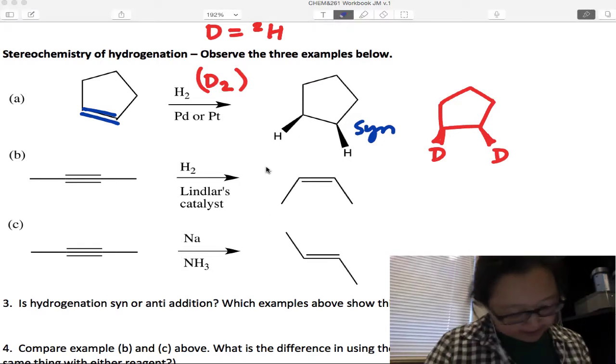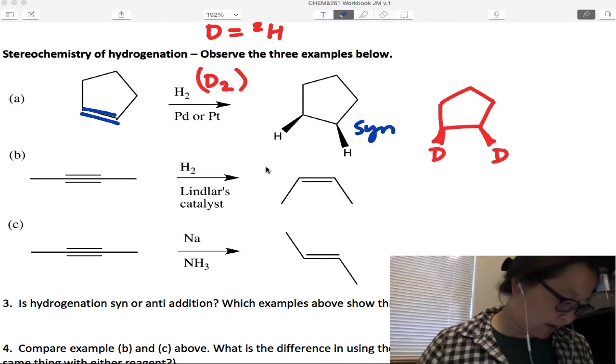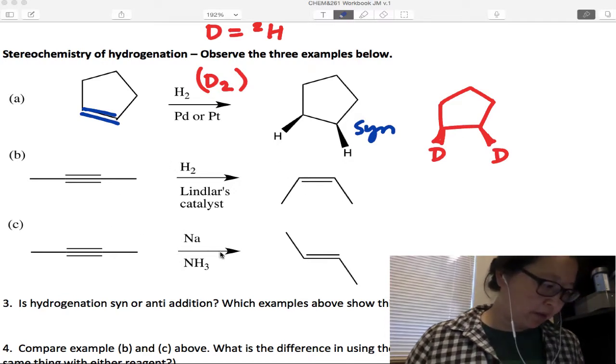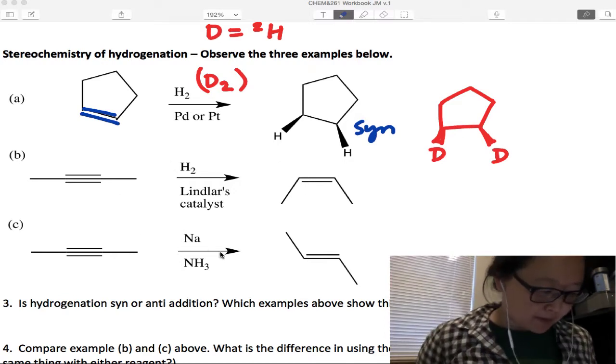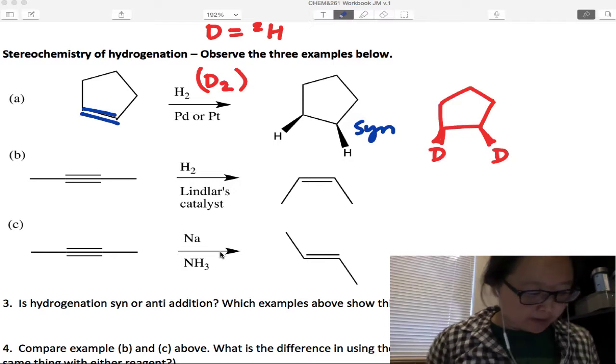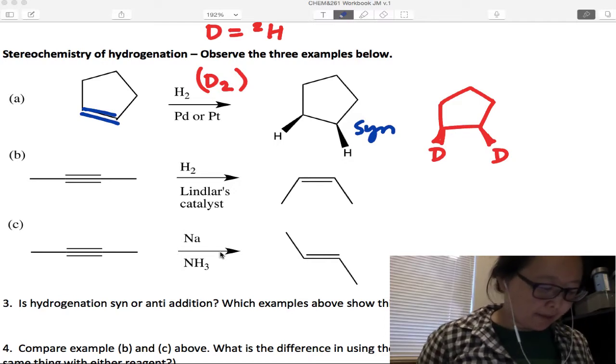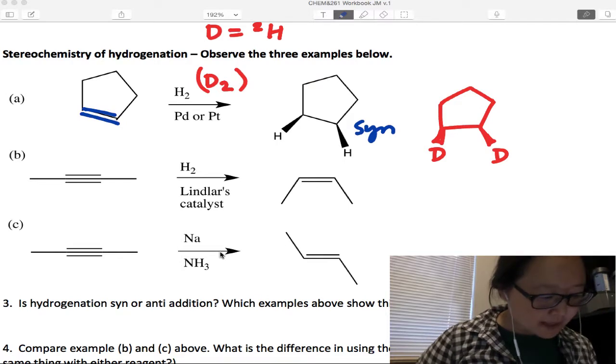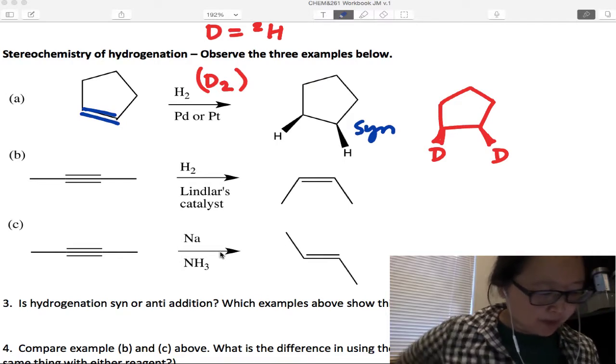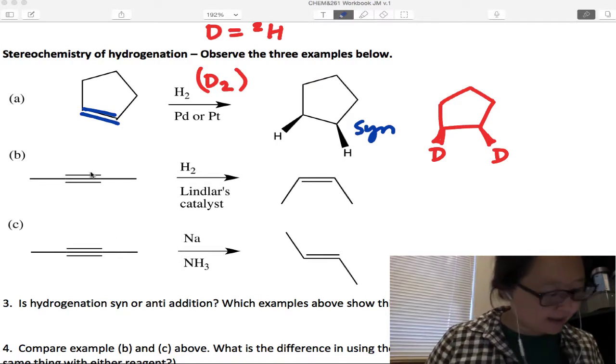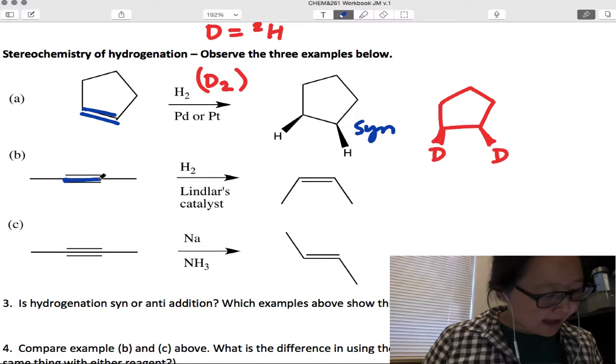All right, now these next 2 reactions, you don't have to memorize right now, but you will use them to solve problems. So I will provide them only because we're technically covering them next quarter, okay? But it's basically the same reaction. We have an alkyne here. And notice that we're stopping it at the alkene.